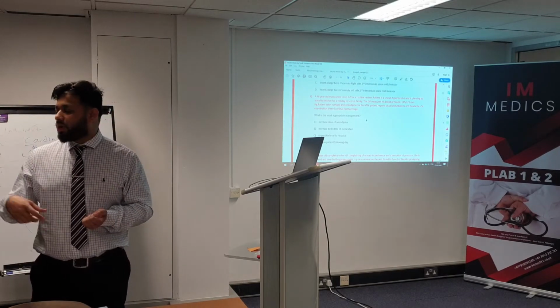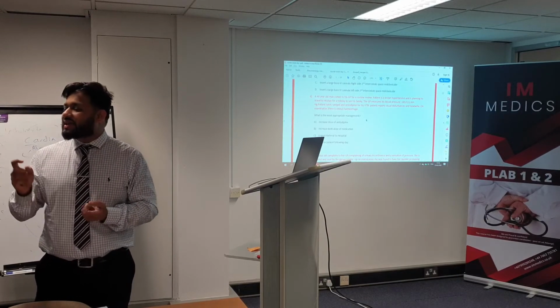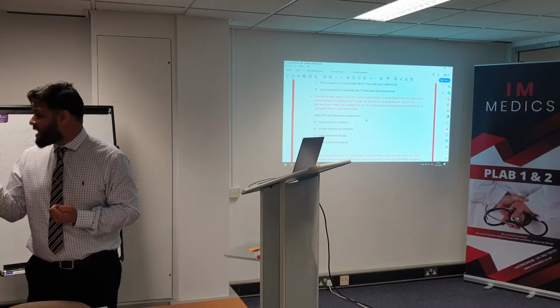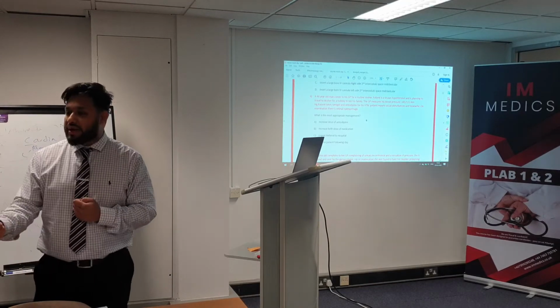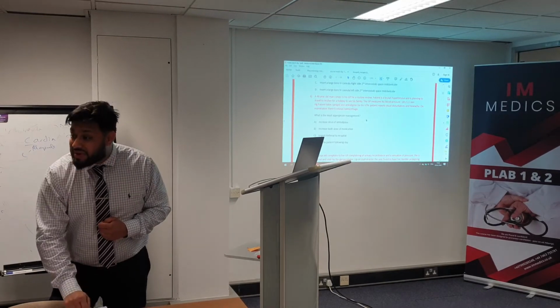So if you look at it, it says end organ damage. End organ damage is you check your kidney function, if it's elevated, that's it. You can quickly do it acutely. Or you can look at that retinal hemorrhage. Retinal hemorrhage is the main clue.